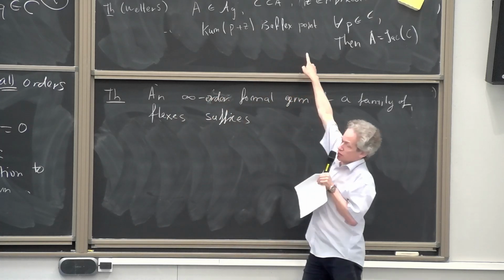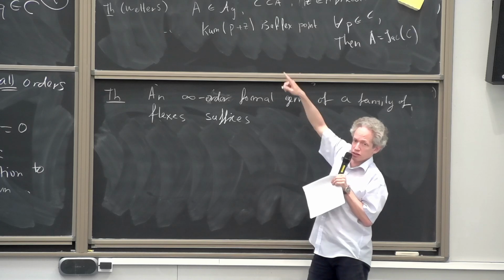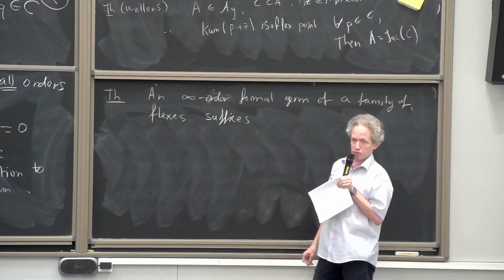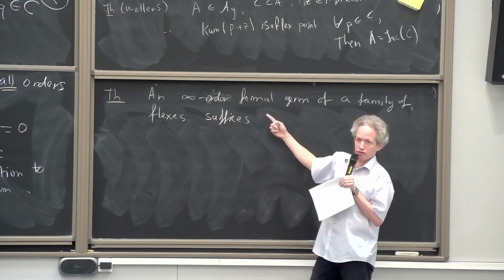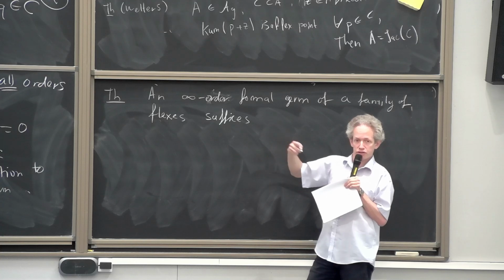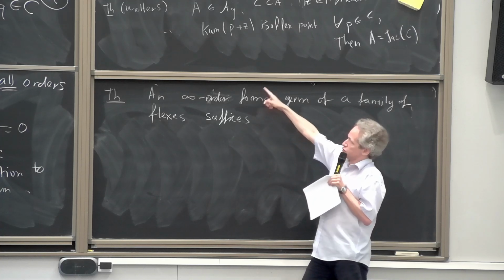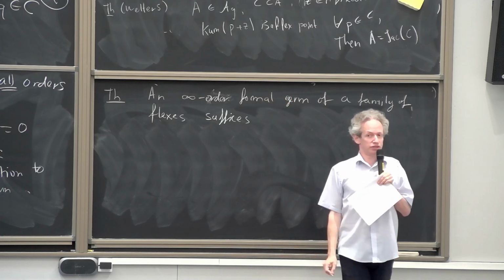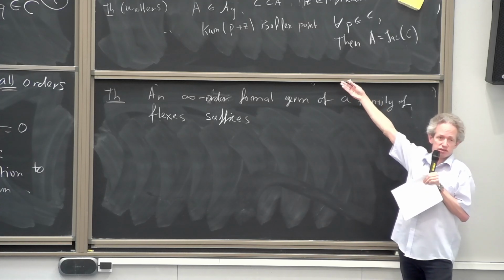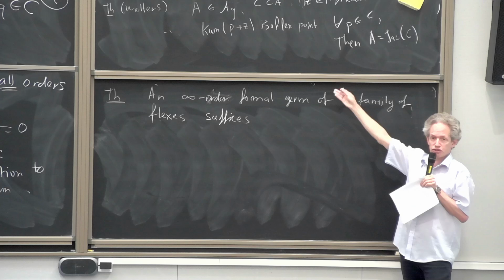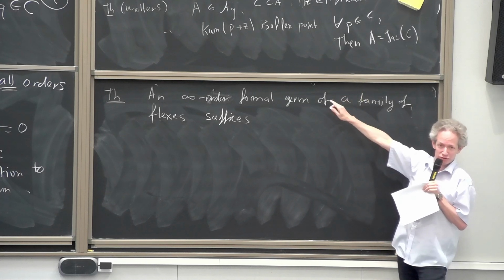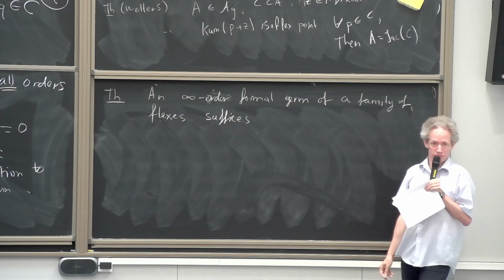So here I said, if I have an actual curve which parameterizes flexes of the Kummer variety, then the abelian variety is a Jacobian. Here I'm saying I don't really need to have a geometric curve. It's enough to have an infinite order germ of a family of curves. This you might want to believe on general principles because we are somehow in an algebraic setting. So an infinite order expansion should be good enough. Anything formal should be geometric. This is not a proof, but can be made into a proof.